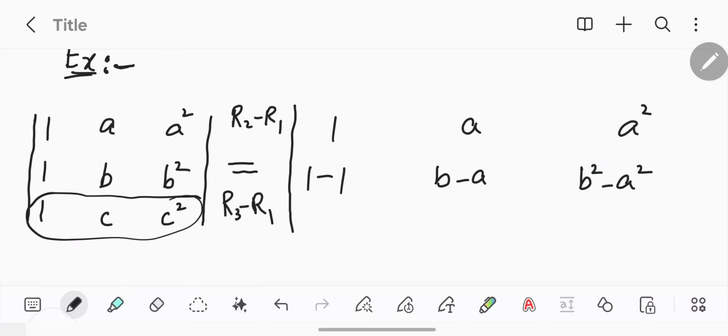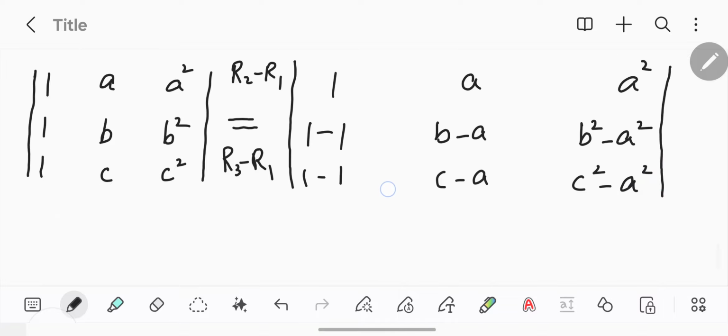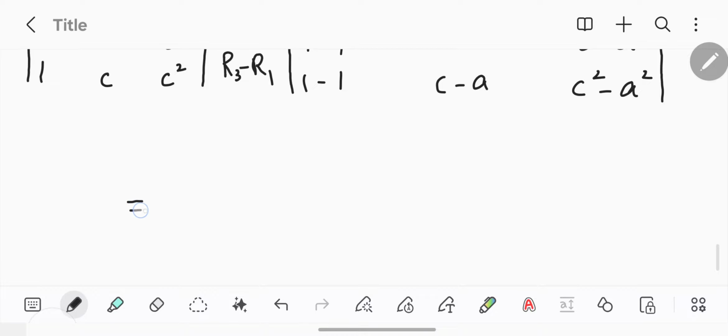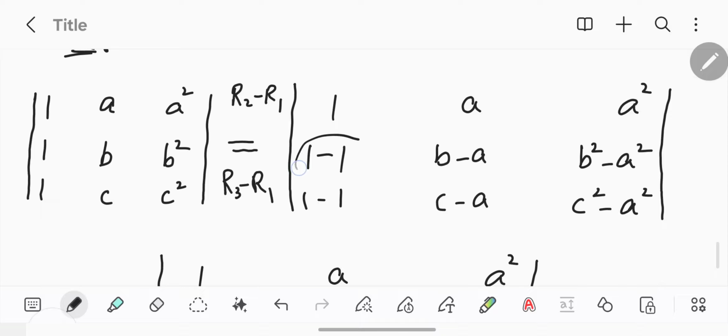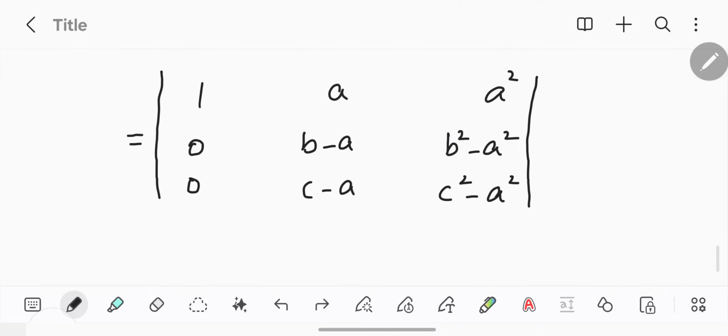And since here I have to perform R3 minus R1, R3 is 1, c, c square, minus R1 means 1, a and a square. Now I will simplify this. When I simplify, here I will get 0, here I will get 0, so I have written 0 here.